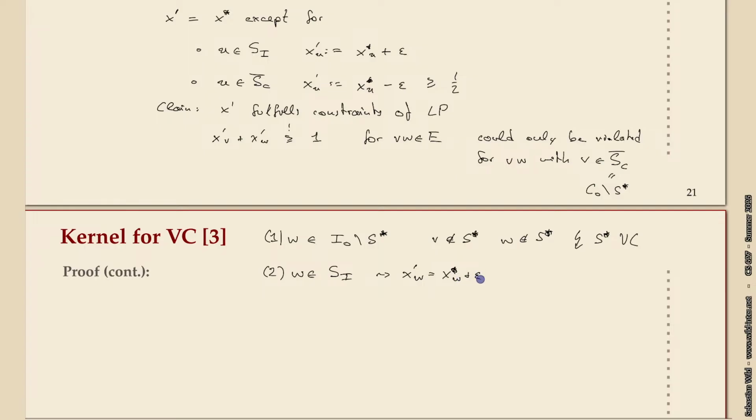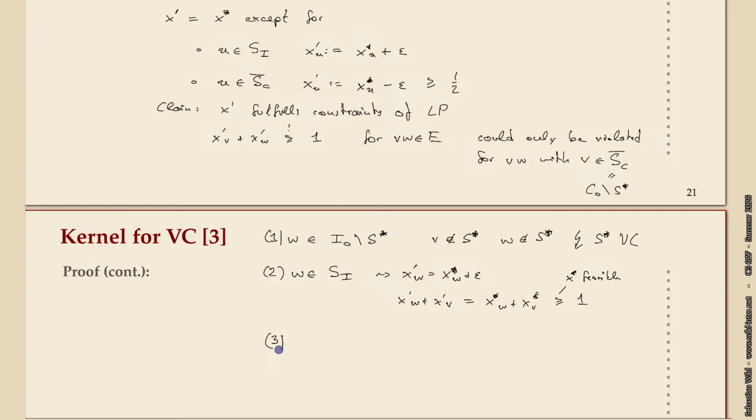And so if you sum up the two, you satisfy the constraint. It's just the same as the old. They have a plus epsilon and a minus epsilon. And that was greater or equal 1 because it was an optimal solution. Okay.